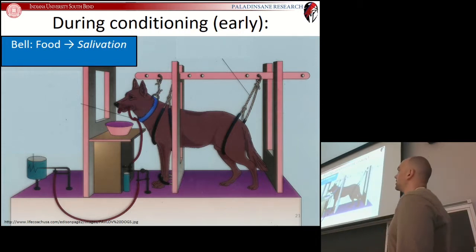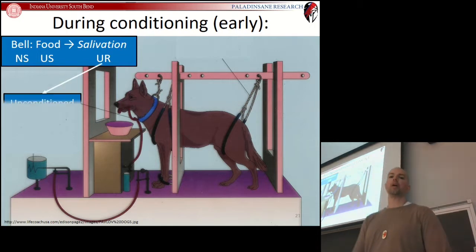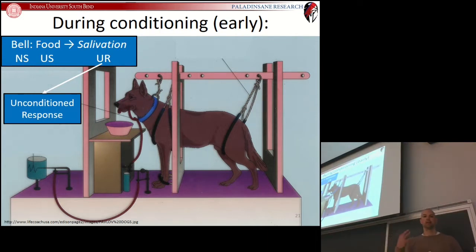So at this stage, the bell is a neutral stimulus, the food is an unconditioned stimulus, and the salivation is an unconditioned response. So UR, unconditioned response, the food is the US, unconditioned stimulus, and the bell is the NS, neutral stimulus.